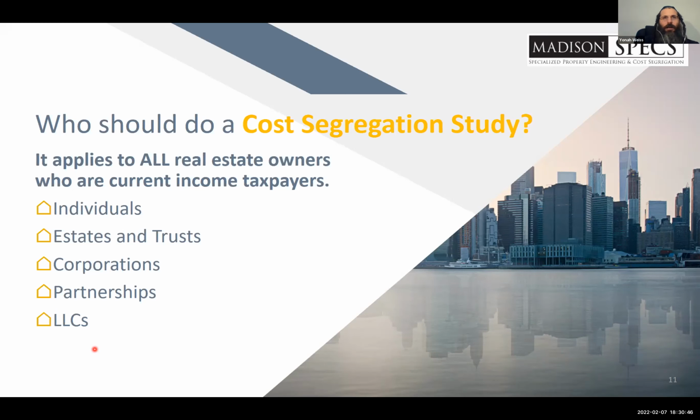Okay, and I see this being advertised in different syndications. If you put in $100,000, you're going to get $80,000 of bonus depreciation, or 80% or 100%. How is that possible? Because what we're talking about is the purchase price establishes what that depreciation is.